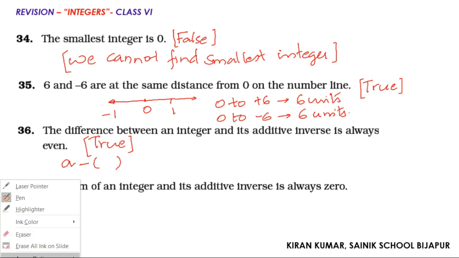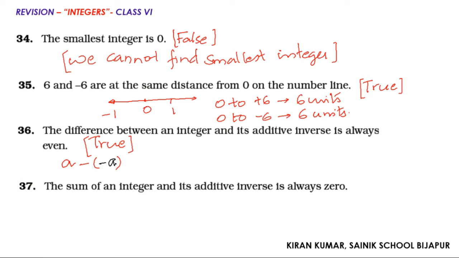What is the additive inverse of a? It is -a. When I subtract, I'll get a plus a. It becomes 2a, which is even. Therefore, the difference between an integer and its additive inverse is always even.